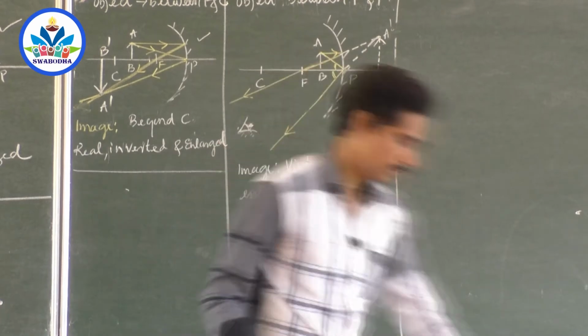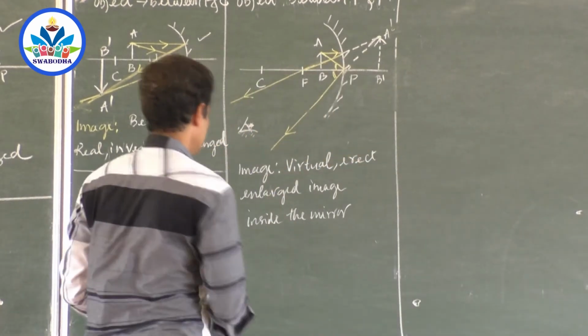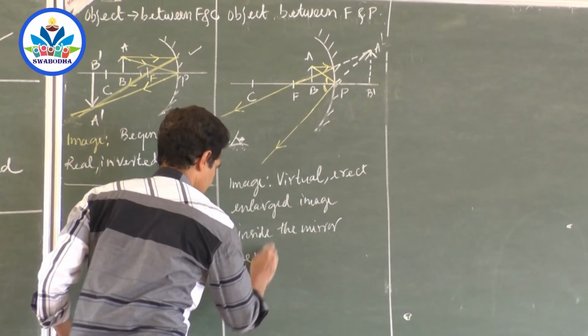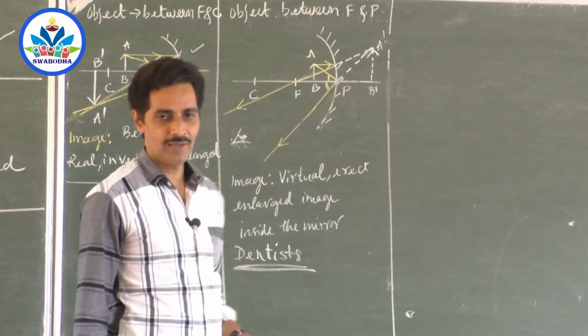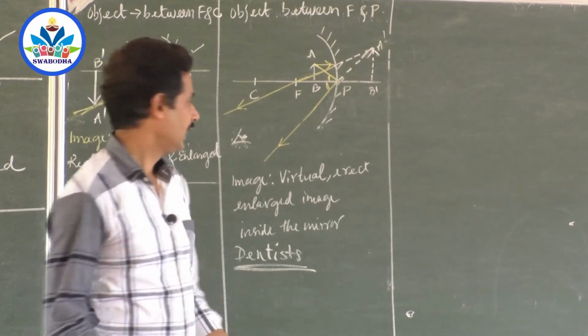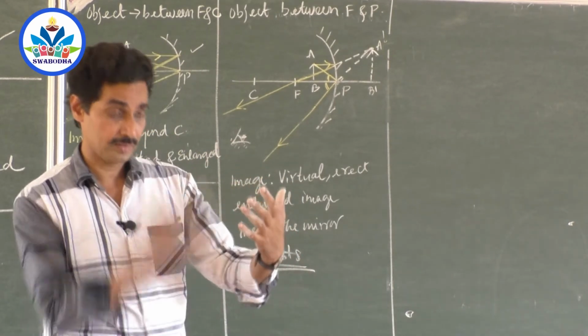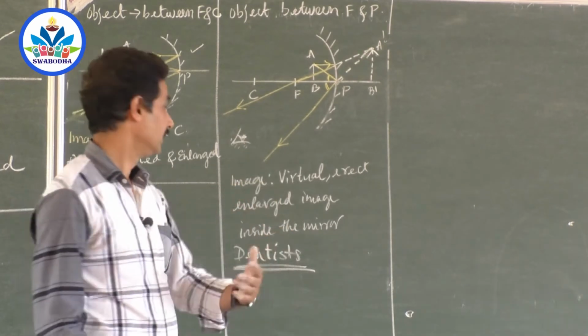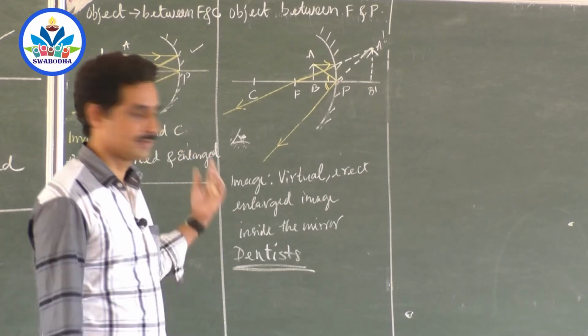So if you want to remember this position or this condition, this is used by dentists and also as a shaving mirror or decorating mirror for the face. And of course, you only look into the image in the mirror, you don't decorate the mirror. For decorating the face, you can use this mirror, and a dentist mirror.